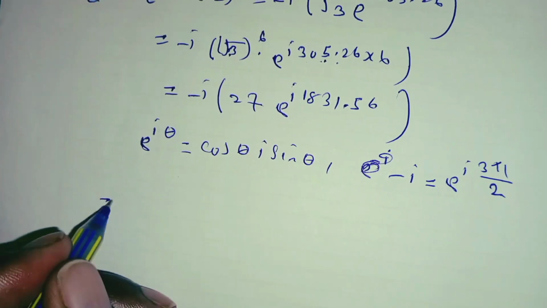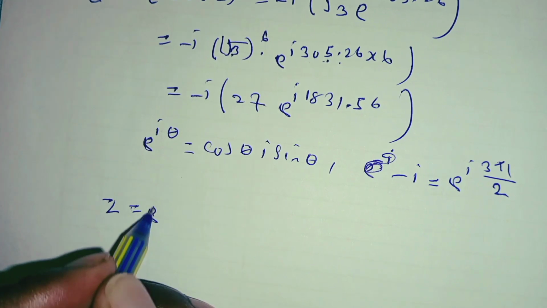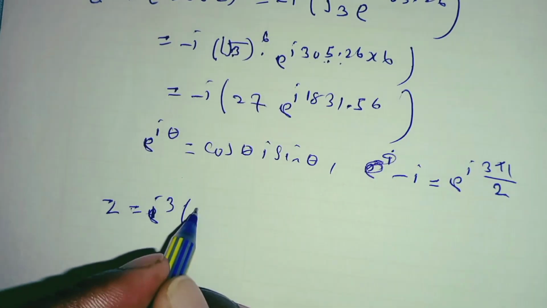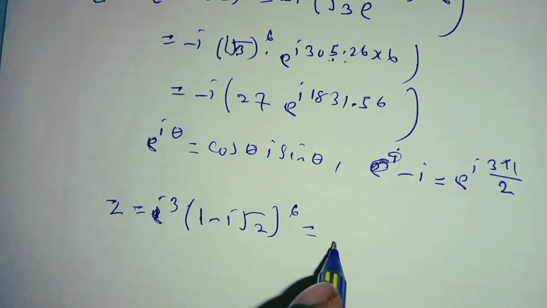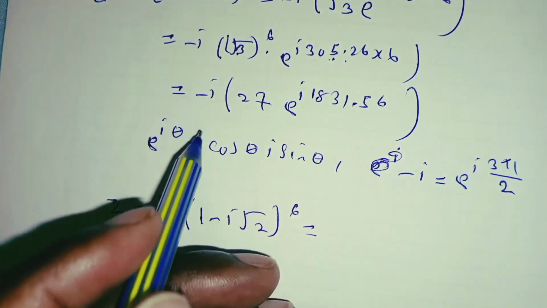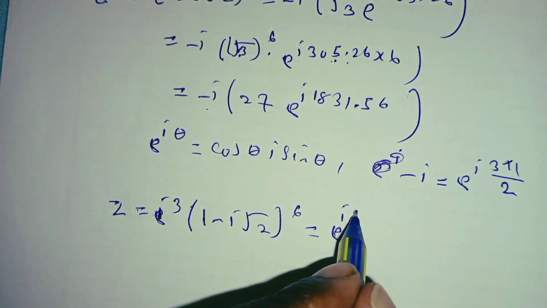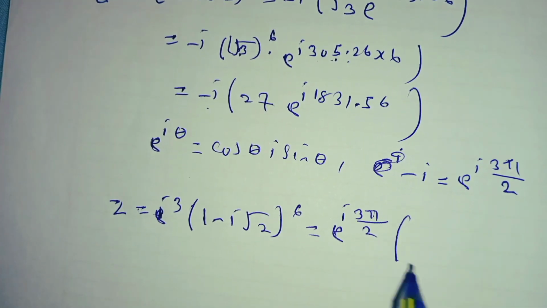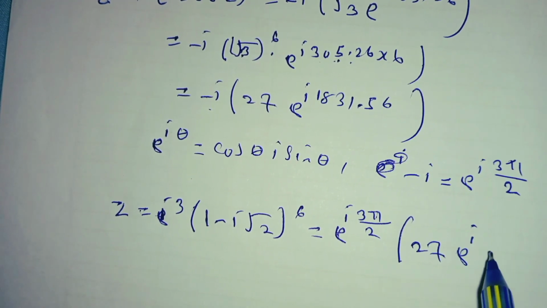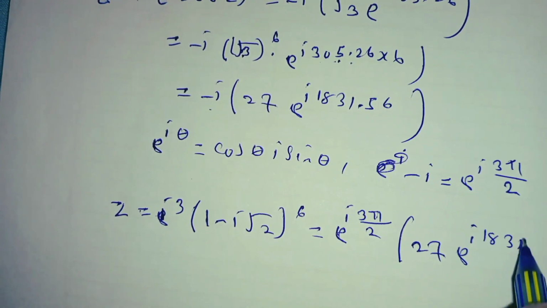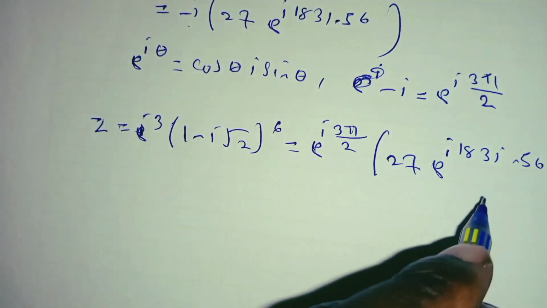So we shall have z, which is equal to i cubed into bracket 1 minus i root 2 power 6 can be written as, instead of negative i, we write exponential i 3 over 2 pi multiplied by 27 exponential i 1831.56.